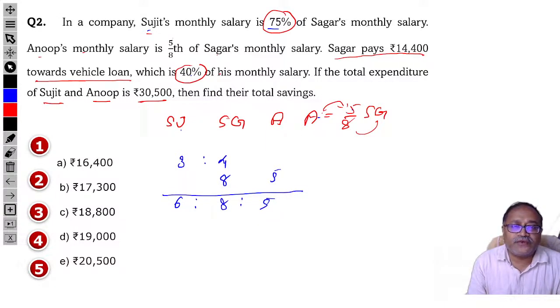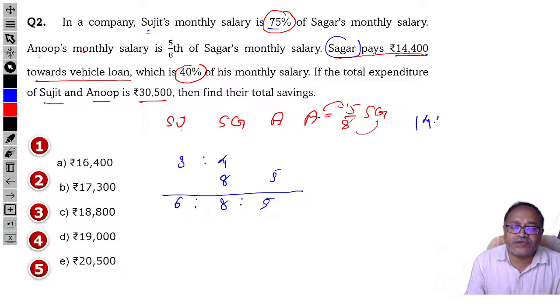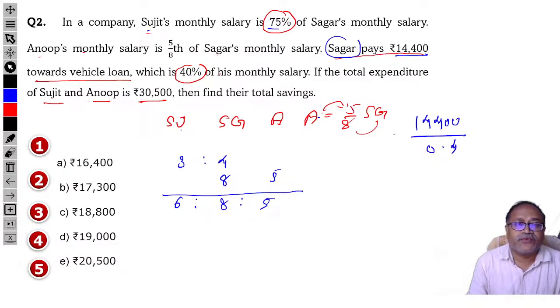Now we know that 40% of Sagar's salary is 14,400. So can I get Sagar's salary? Sagar's salary is 14,400 divided by 0.4. You will be getting the 100%. So place the 0 over here. And then 4, 2 is 12 and 4, 6 is 24.